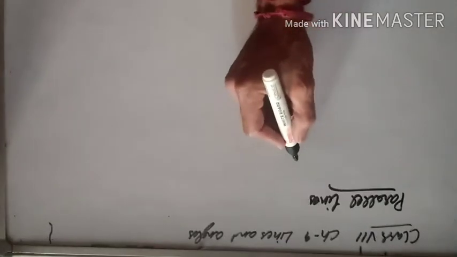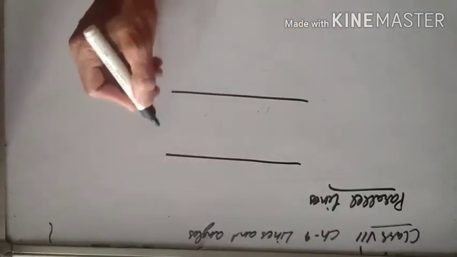Good morning, students. Today's topic is parallel lines. Two lines drawn in a plane are parallel if they do not meet. Means two lines which do not meet each other are parallel lines.